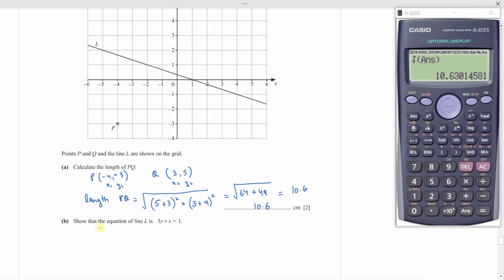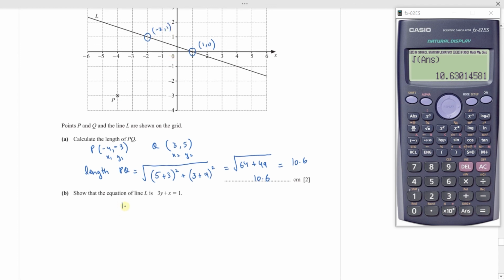The next part is show that the equation of line L is 3y plus x equals 1. So we can take any 2 points on this line L. Let's take this, which has coordinates 1 and 0. And let's take this one, which has coordinates minus 2 and 1.